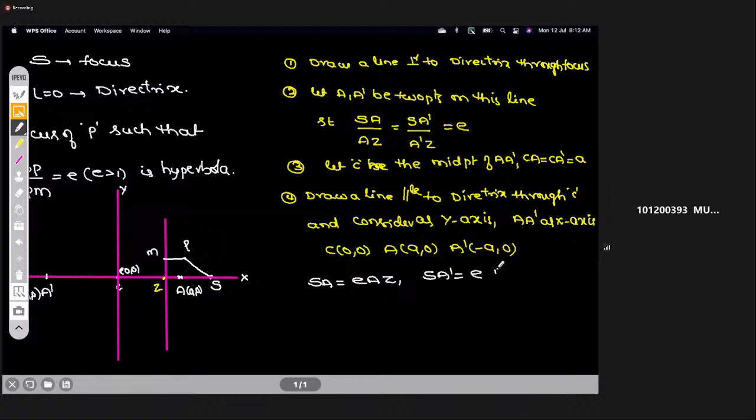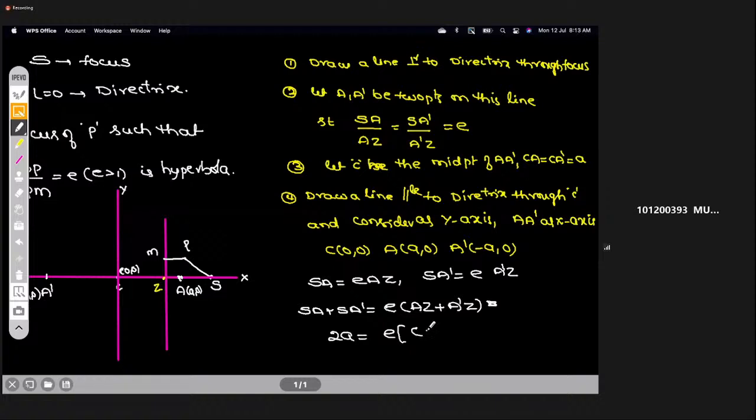SA prime is equal to E into A prime Z. So SA plus SA prime is equal to E into AZ plus A prime Z. So what you are going to get is 2A is equal to E times of AZ.